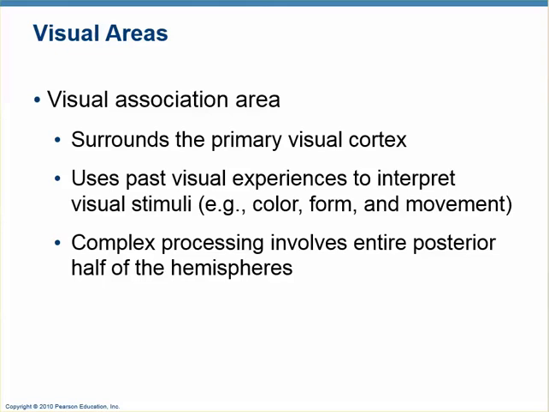This is where we understand color and form, that kind of thing. It's very complex, and we are visual creatures, and so almost half of the sensory is given over to this visual association.